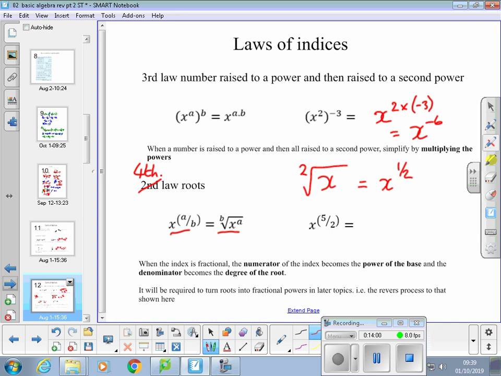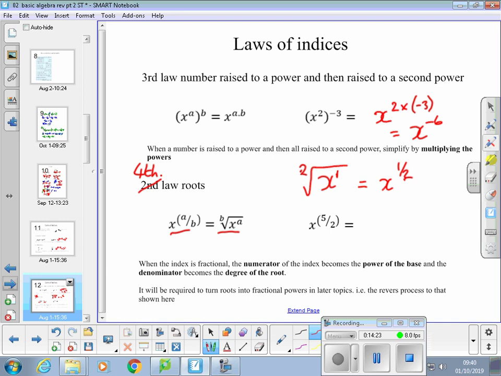We only do that if it's the third or fourth or fifth root. But if you think that number that's there is the denominator, and the power here is the numerator, we don't bother to write x to the 1 either. We just leave the 1 off. But it's what it is. Any number to the power 1 is that number.